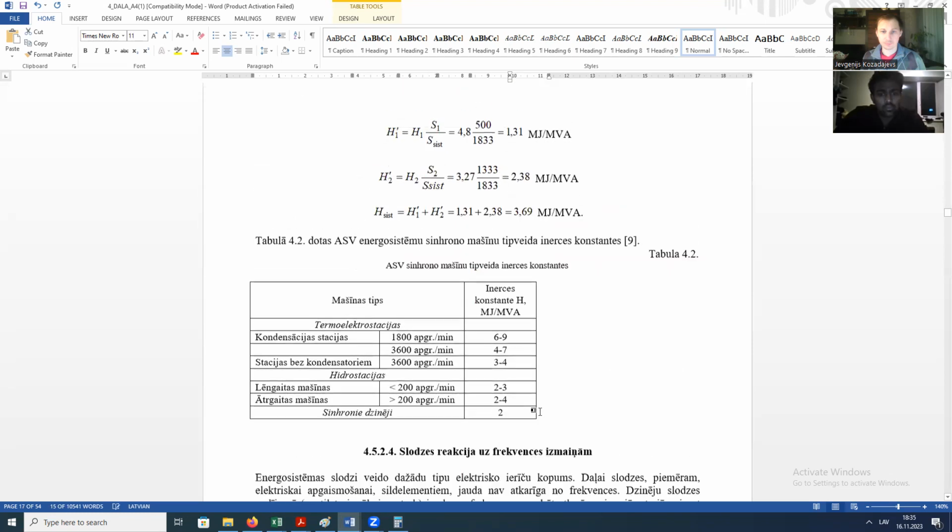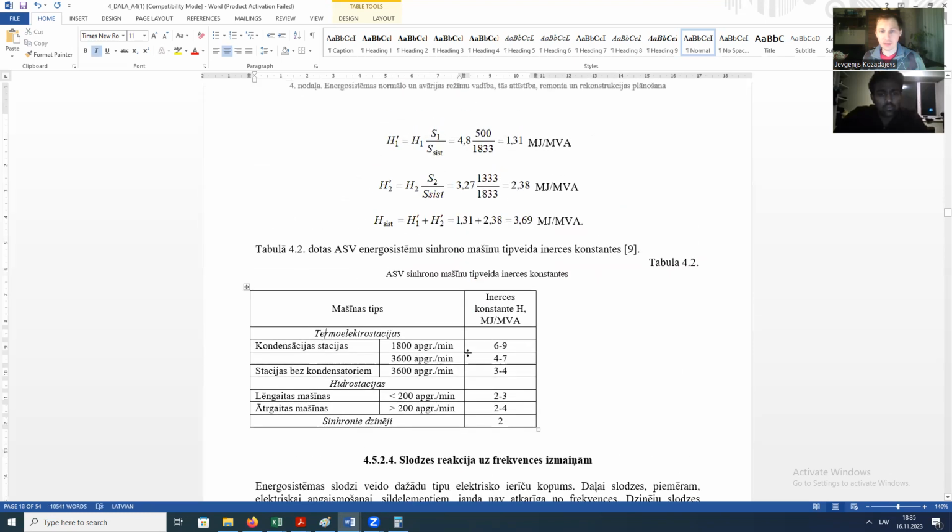For some generators, if we can't find information for their inertia, we could use tables like this. For example, these are the average values for different types of generator.